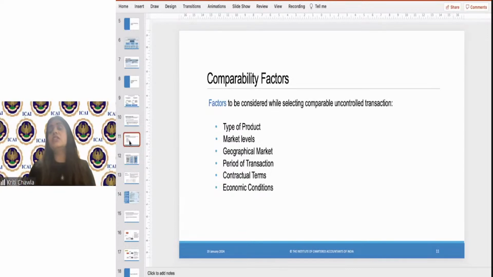Then you'll have to make sure that the period of the transaction is the same. As I mentioned before in the last lecture, if you remember, the period of transaction meant a situation which is pre-COVID and post-COVID. So if your entity is manufacturing post-COVID, then you have to make sure that the independent entity price is also post-COVID.